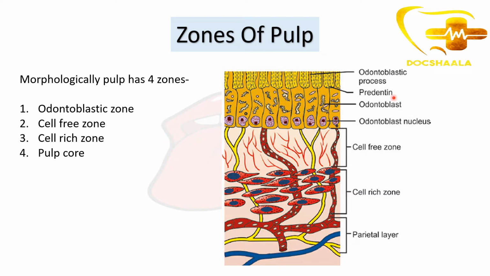First is the odontoblastic zone, which consists of odontoblastic processes, predentin, odontoblasts and odontoblast nucleus, nothing but odontoblast cells. Then the cell-free zone, then the cell-rich zone, and then the pulp core. The pulp core is after the cell-rich zone.